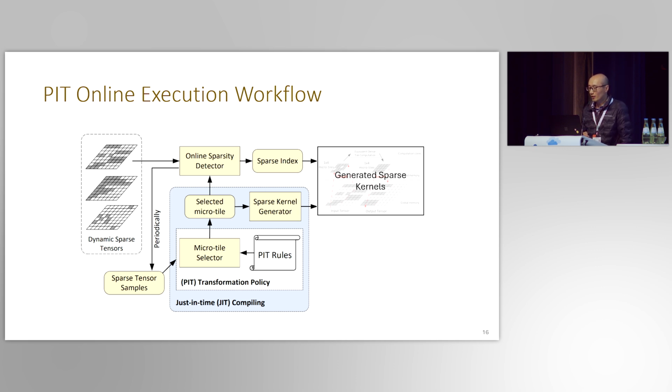It uses several sample tensors to select the most efficient microtile. Based on the selected microtile, it compiles the sparse kernel following the sparse kernel template. During online execution, PIT detects the sparse tensors, constructs indices for them, and feeds them to the generated sparse kernels.